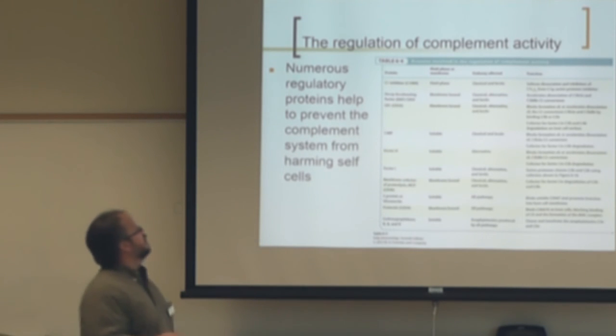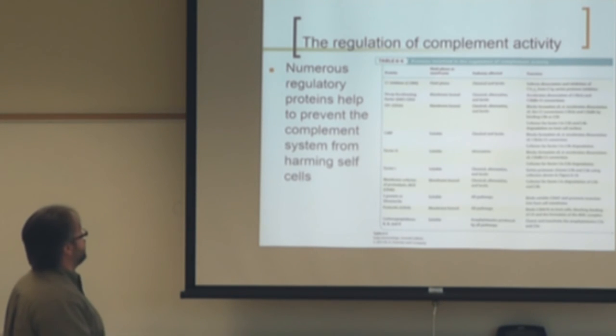So here are some of the regulatory proteins. We have C1 inhibitors, which are trying to keep things in check by inhibiting it in the fluid phase, so it's not running around active. We have these DAFs, decay accelerating factors, and these are the pathways that they block.